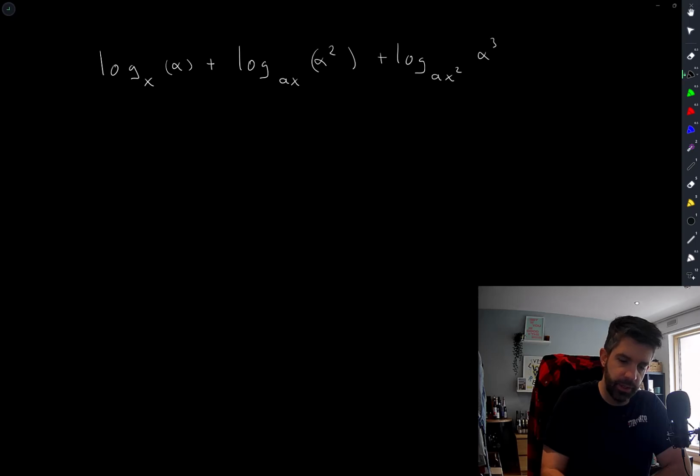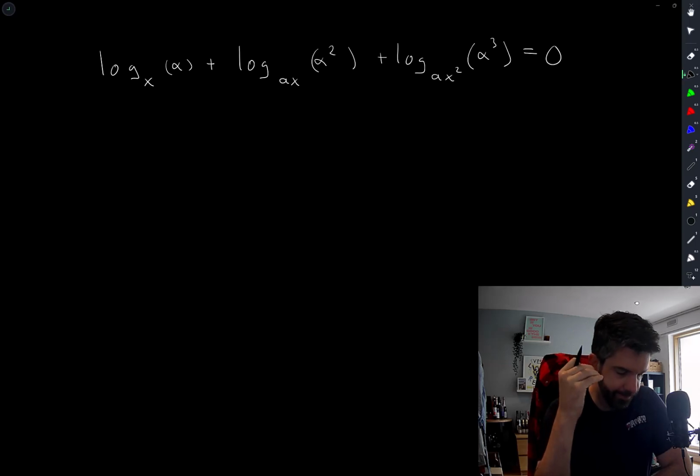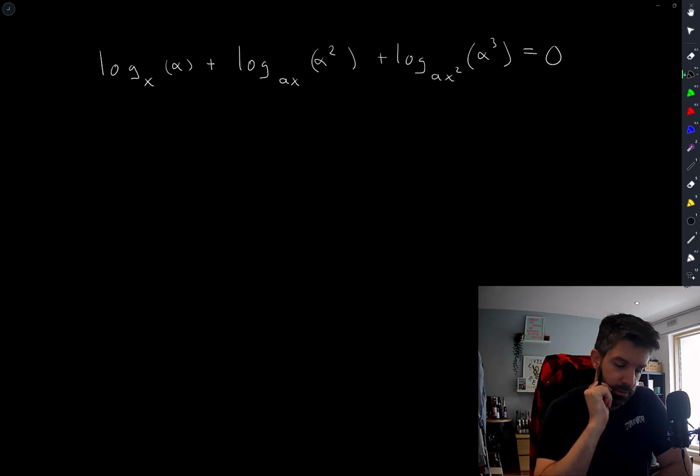So log base x of alpha plus log base ax of alpha squared plus log base ax squared of alpha cubed is equal to 0. I'm not sure where the best place to start is exactly.